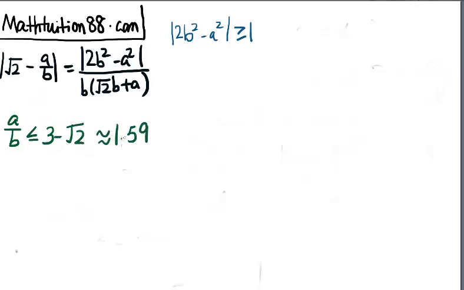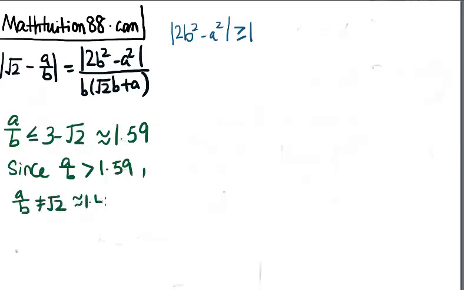Because a over b is definitely less than or equal to 3 minus root 2. Since if a over b is greater than 1.59, there's no chance that it equals root 2, which is around 1.41. So we can safely assume this inequality.